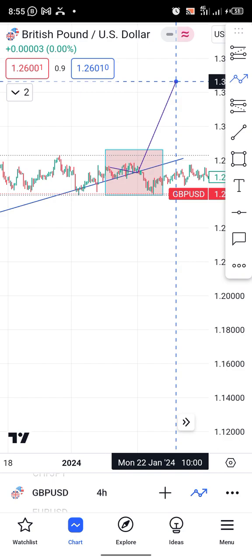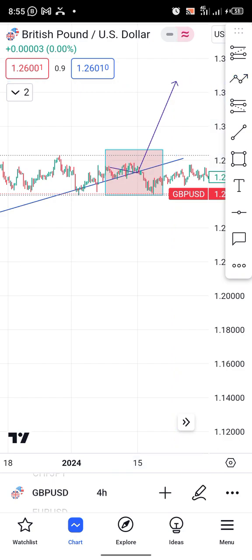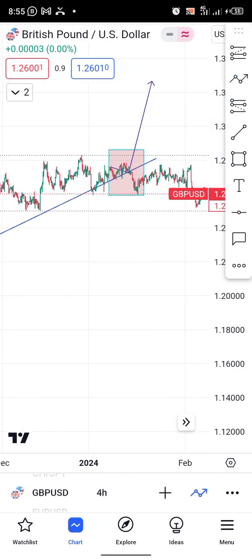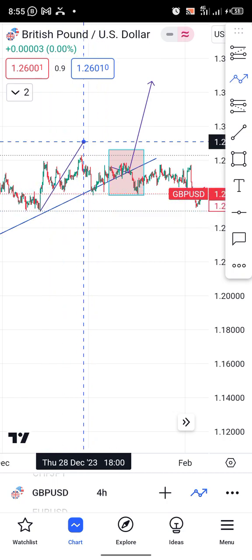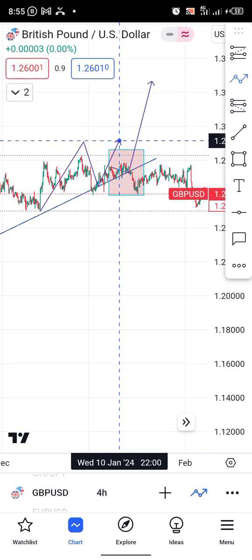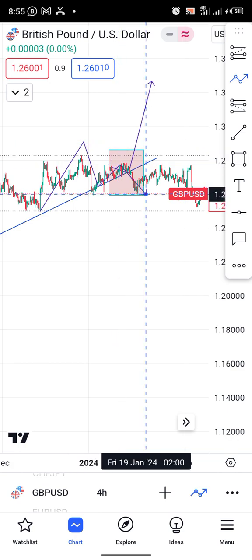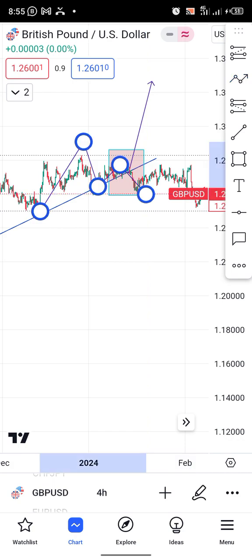But instead of the market going up, the market started coming down. You could see that instead of going up, the market came this way and broke out, meaning that there's now a new trend. The market is not going up.